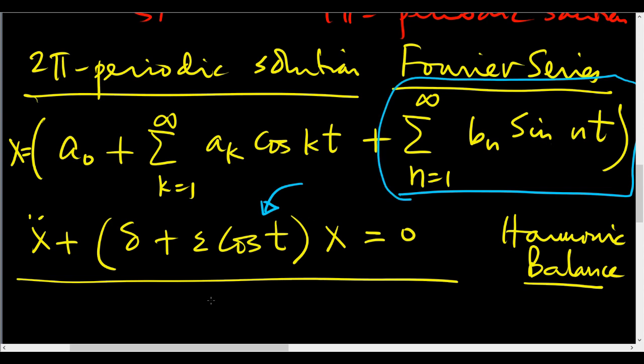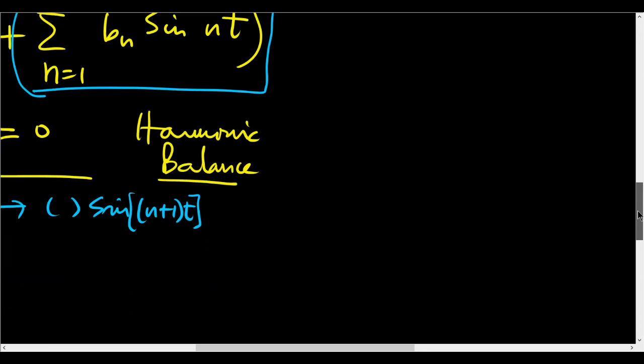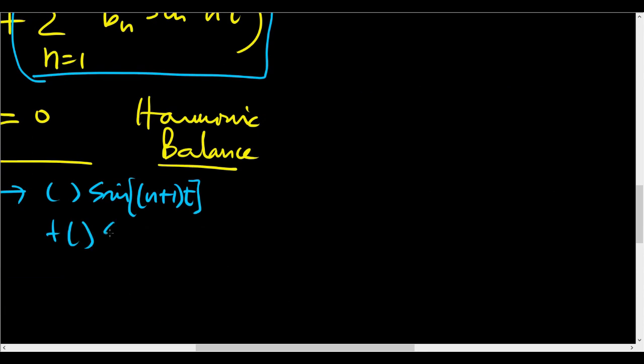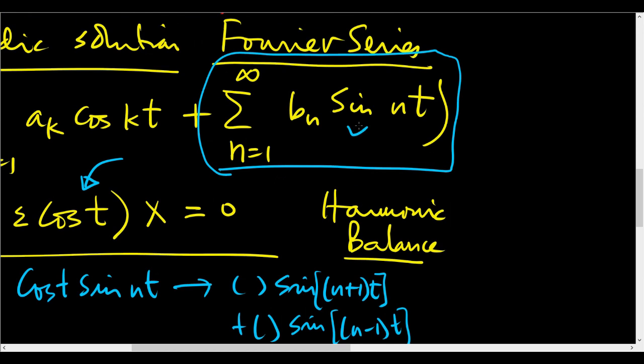So cos t sine nt will give me something times sine (n plus 1) t plus something else times sine (n minus 1) t. So the point being that in this expansion, the sines, when I substitute over here, they give me sines only. They don't mix with the cosines.